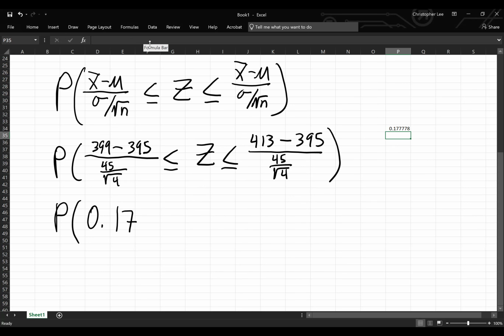The next number after that is 7, so I'm going to round this up to 0.18, less than or equal to Z, less than or equal to. Then we're going to do the other one, 413 minus 395 divided by 45 divided by 2. So this is 0.8.